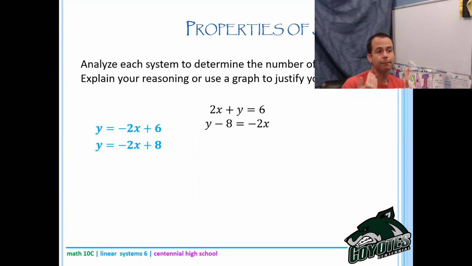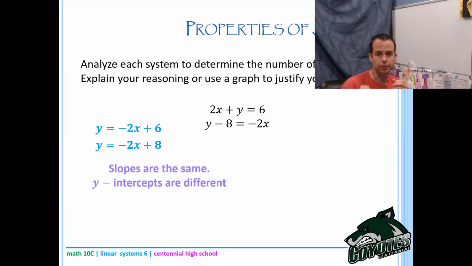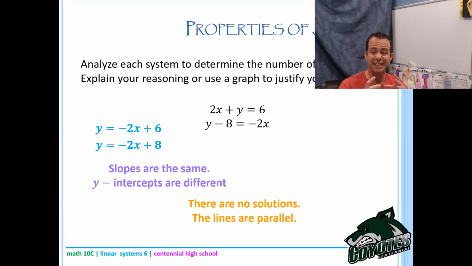That tells me I have parallel lines and there are no solutions, okay? I need to see both of those statements, that there are no solutions and that the lines are parallel. And I need your reason behind it. Your reason behind it is that the slopes are the same, but the y-intercepts are different, okay?